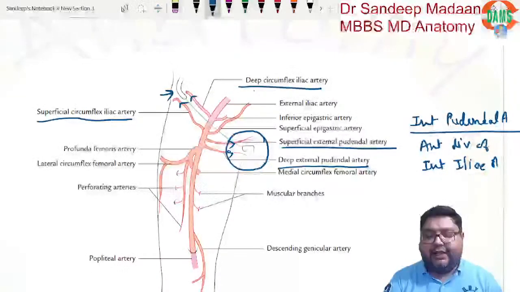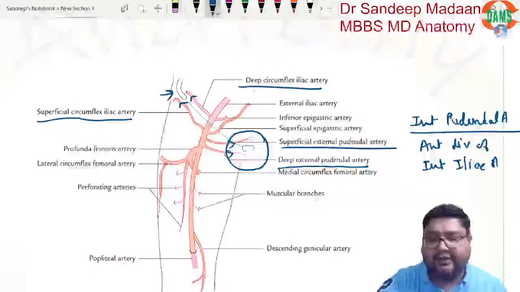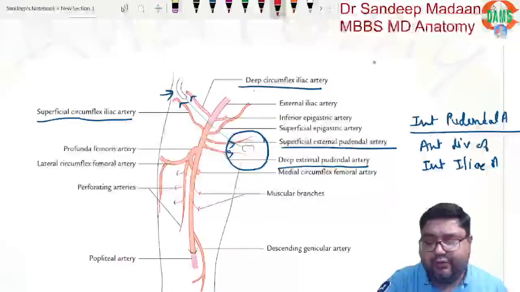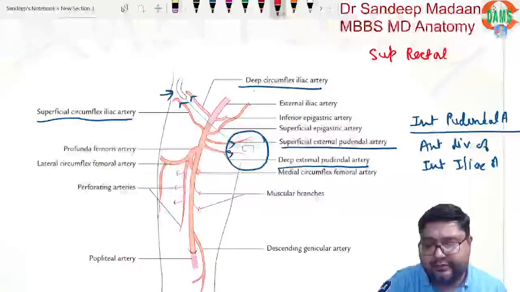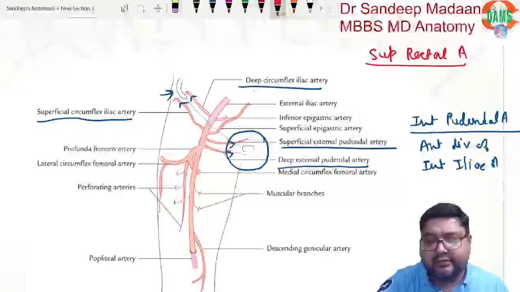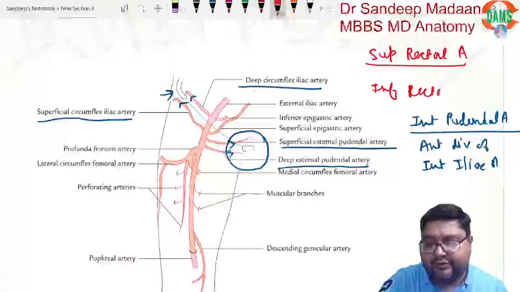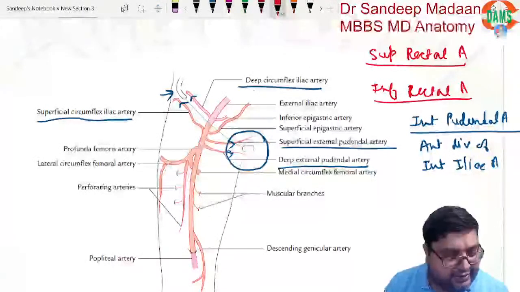All right. Again random questions. Superior rectal artery is a branch of, and inferior rectal artery is a branch of.